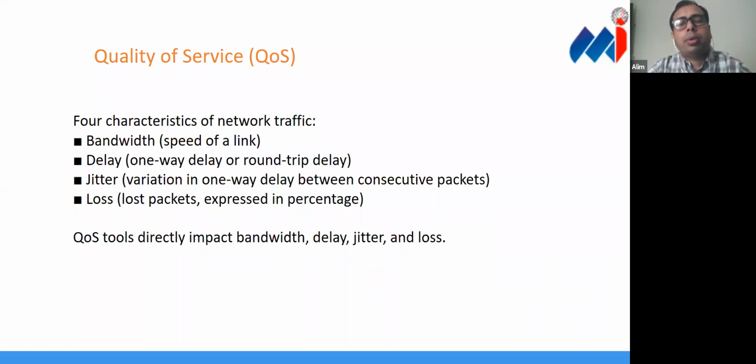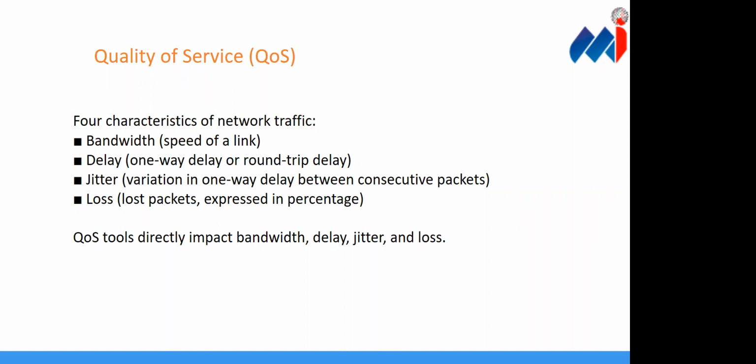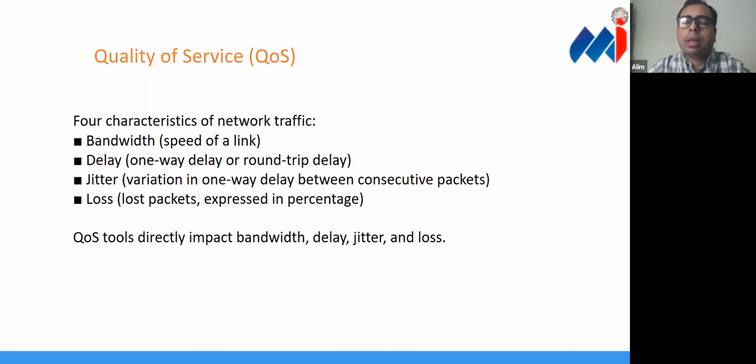If your bandwidth is not enough to serve your purposes, you will not be happy. You will find that your files are not properly loading, your web page is not properly loading. So there will be a noticeable delay, and your experience will not be good.